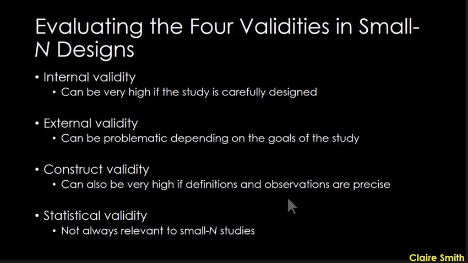Obviously, with a small sample size, we don't necessarily have a large effect size in small n designs, but again, that's not really the point of a small n design. The point is more to understand what's going on and try to explain things, gathering more information about things we might not completely understand. Okay, that's it for this chapter.